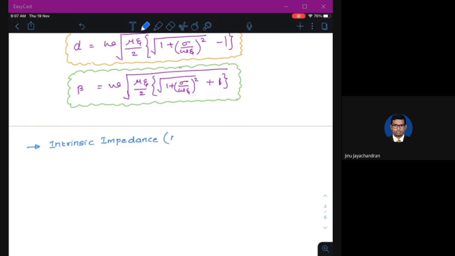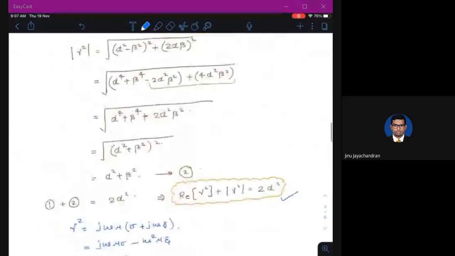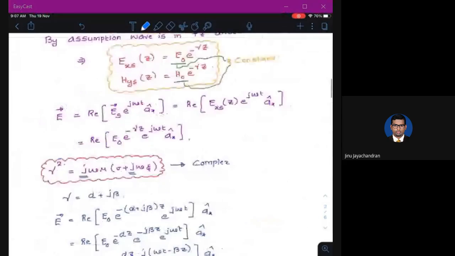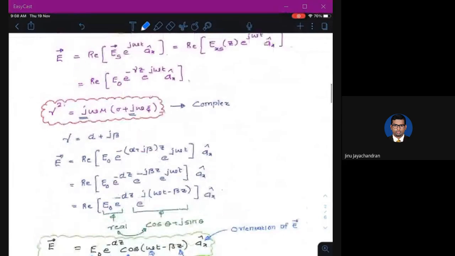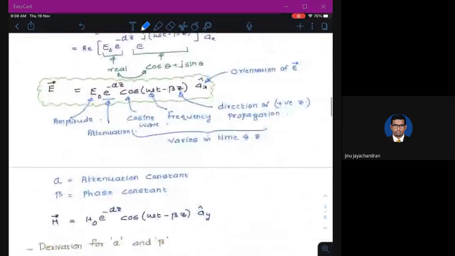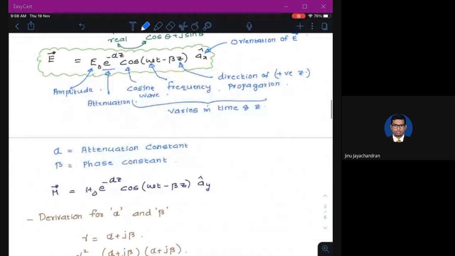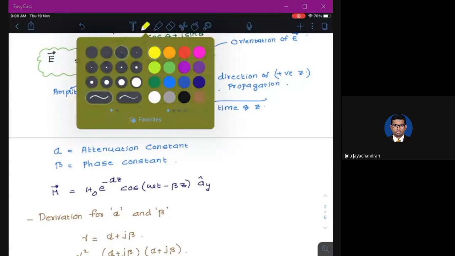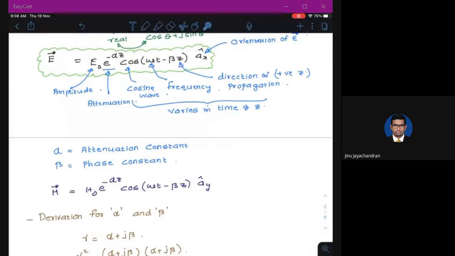And it is denoted by eta. Why it is there is because you see in your expression for E and H, you have a term E0 for E and H0 for H, right?